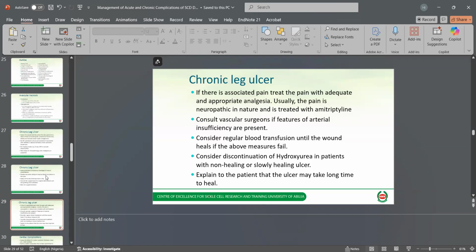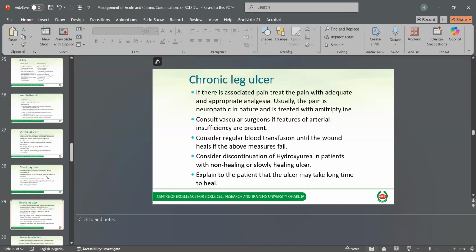We also had a case scenario. One of the case scenarios, it was a young lady. She had never had a leg ulcer, but when she got employed as a primary school teacher, because of prolonged standing to teach, she developed a leg ulcer, and we struggled to manage it.